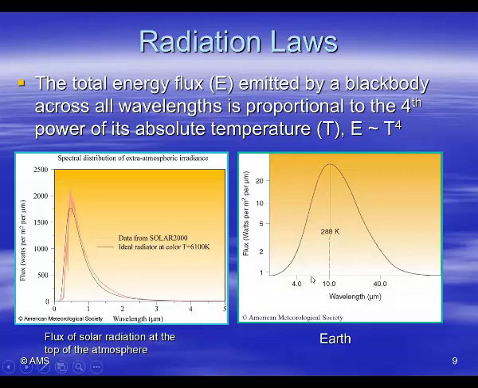If we look at the Earth, it radiates out energy at about 10 micrometers, and the temperature is about 288 Kelvin. So this is about 17 degrees C. That's about the temperature of the Earth.